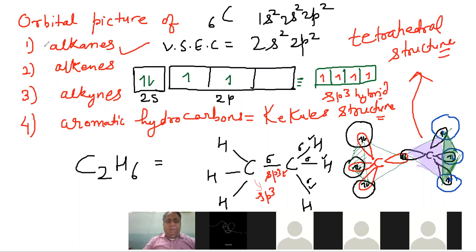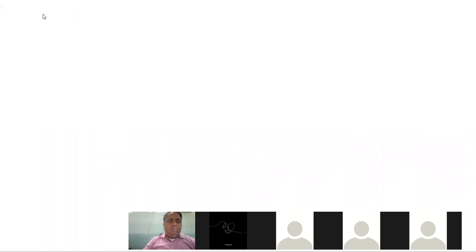Now let us see how alkenes are formed. Formation of alkenes.